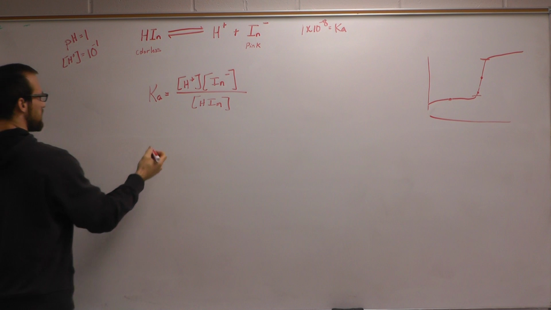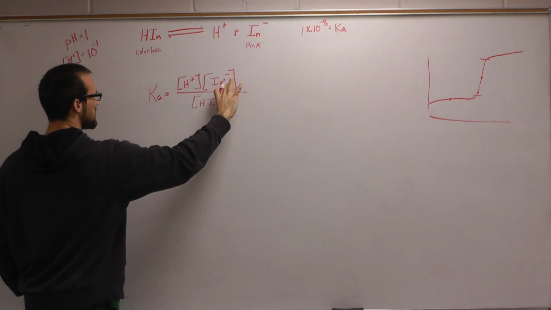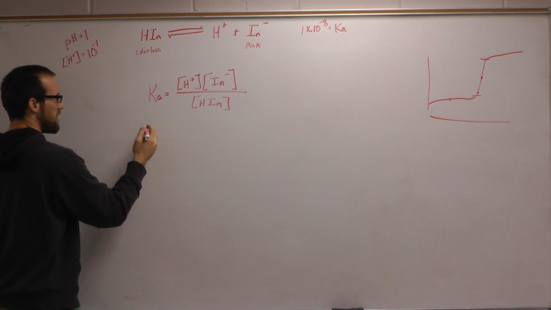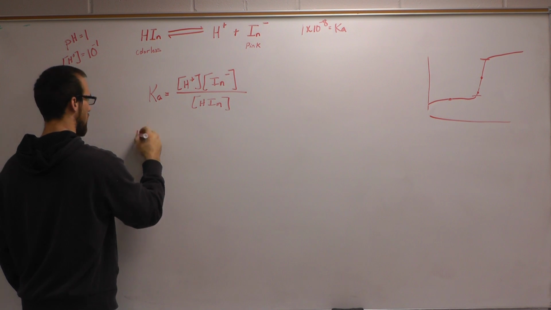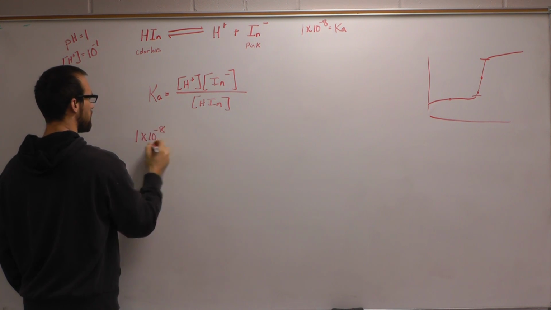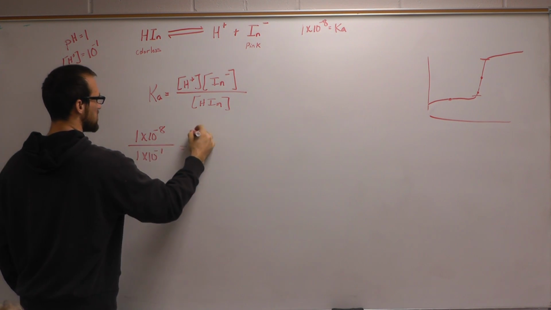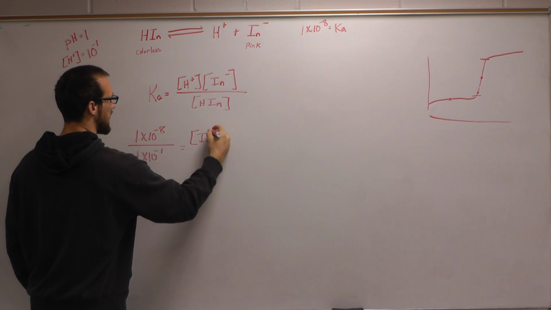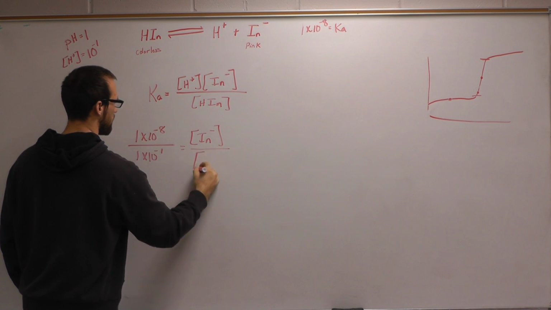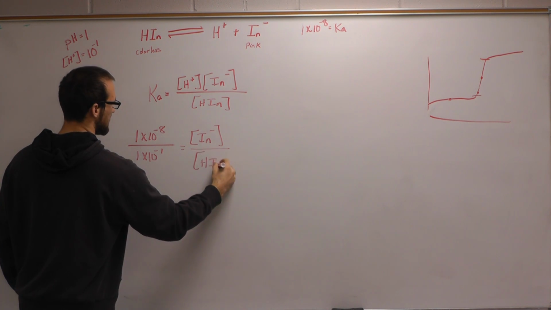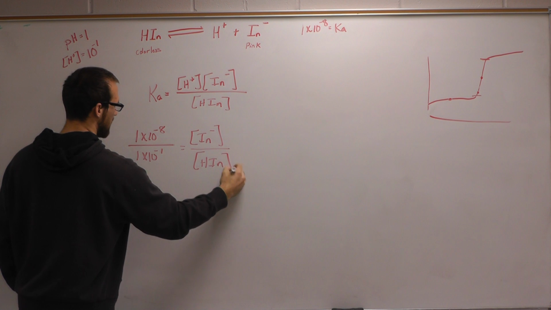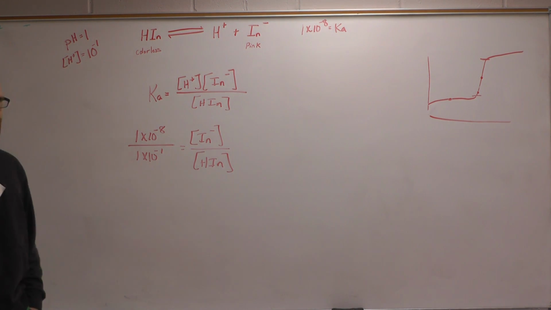So what I'm going to do is solve so that I just have my ratio of my indicator components. So I have 1 times 10 to the negative 8 over 1 times 10 to the negative 1 gives me my ratio of my indicator components. Because isn't this kind of a buffer in any way?